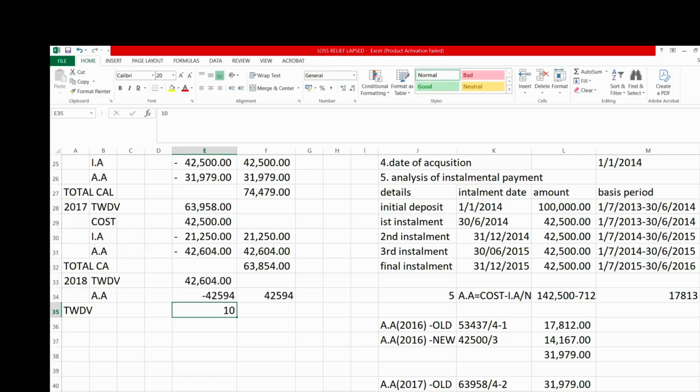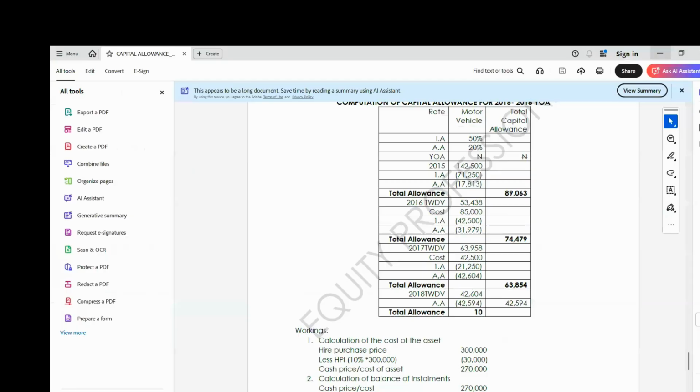It may not be only direct purchase, outright purchase. You may have a scenario whereby the asset is acquired on hire purchase. If it's acquired on hire purchase, it's also available for capital allowance claim. So any question?